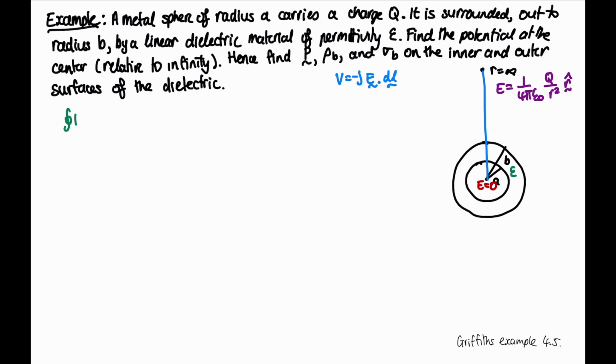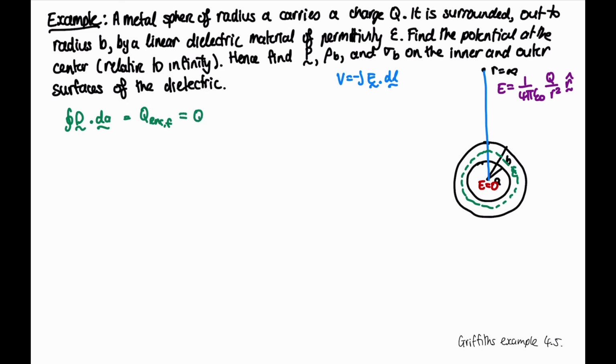So we can write that the integral of the displacement over the surface, taking a little Gaussian sphere like this, is equal to the enclosed free charge. And the enclosed free charge is just the total charge in here. There's no free charge inside the dielectric itself. It's not charged. So this enclosed free charge is just equal to Q.